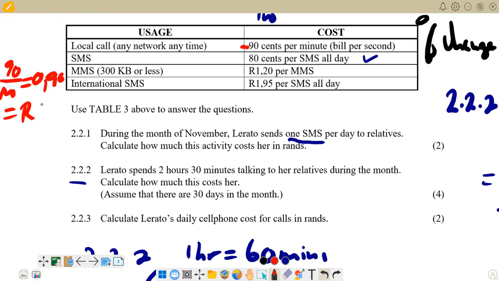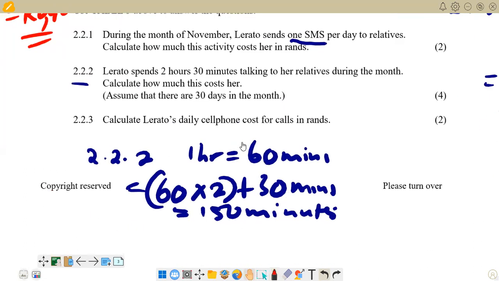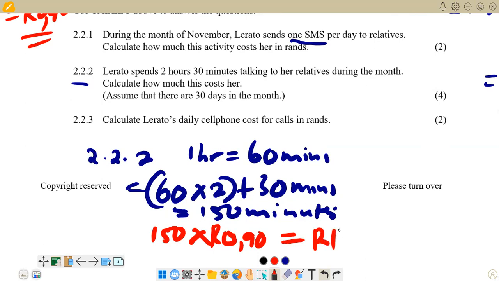So we multiply by 0.90 and the total minutes that we have, so that our answer will be in rands. So we have 150 times 0.90, and this is representing our rands. When you multiply that, you're going to get 135 rands. So that's what we have in terms of 2.2.2.